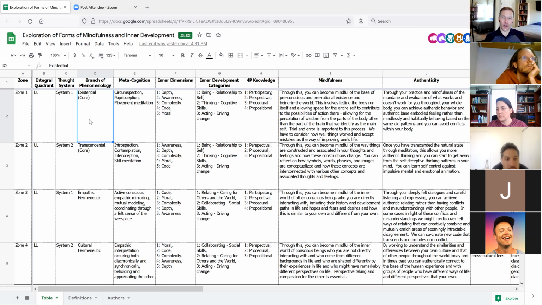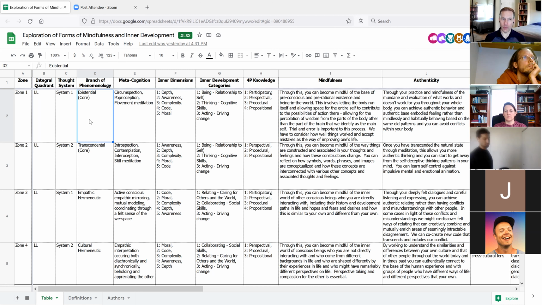But let's say we want to hone the system 1 thinking. We probably don't deliberate and try to meditate to get better at our automatic pre-reflective system 1 thinking, because we'd be using system 2 thinking to do that. So that really wouldn't work. So we probably have to have other kinds of practices to hone system 1 thinking.